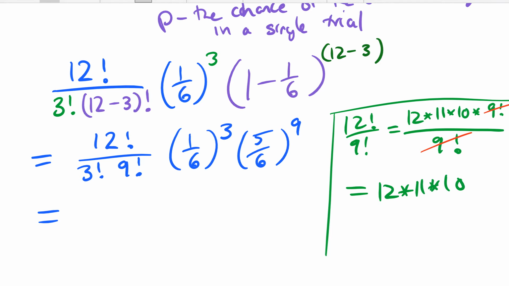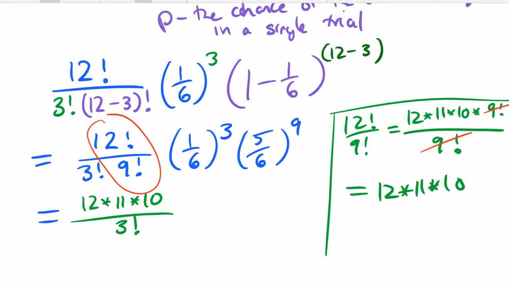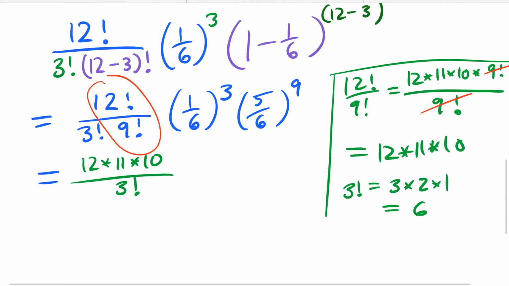So I'm working in this part right here, and I got that that was 12 times 11 times 10 over 3 factorial. Now 3 factorial is 6, you can check that out. What's good about that is it goes evenly into 12. 12 divided by 6 is 2.